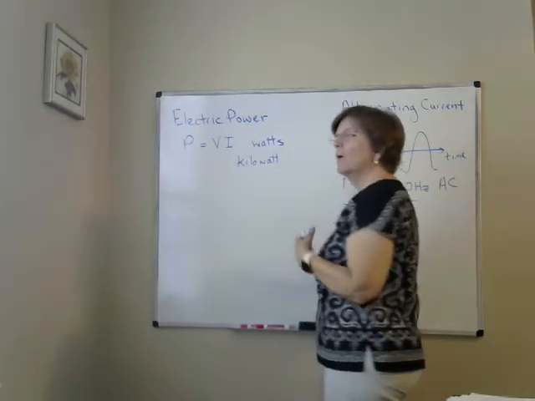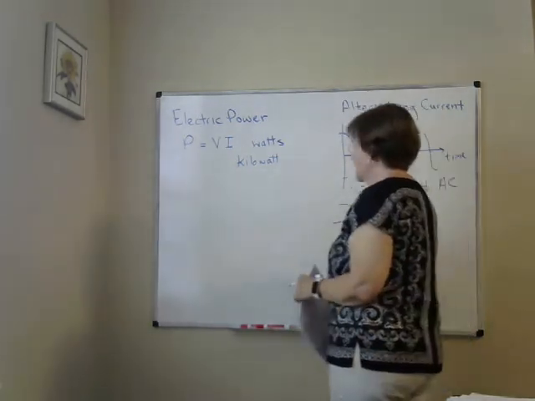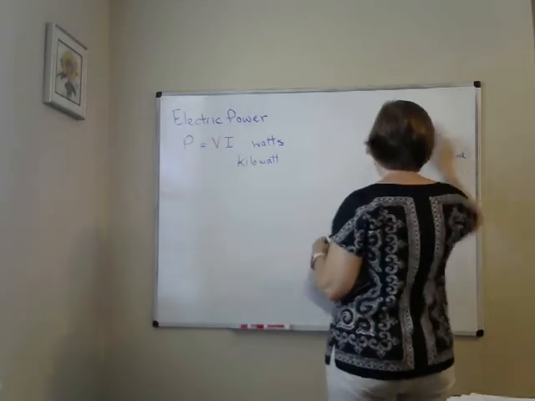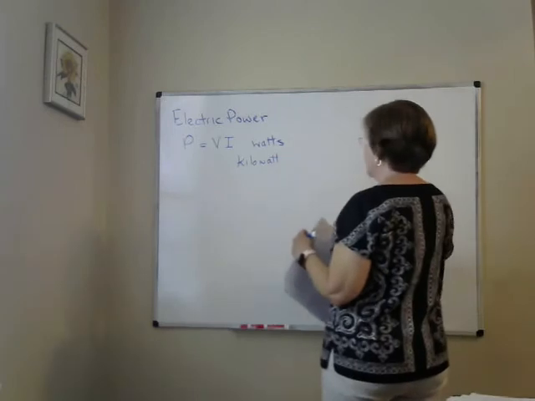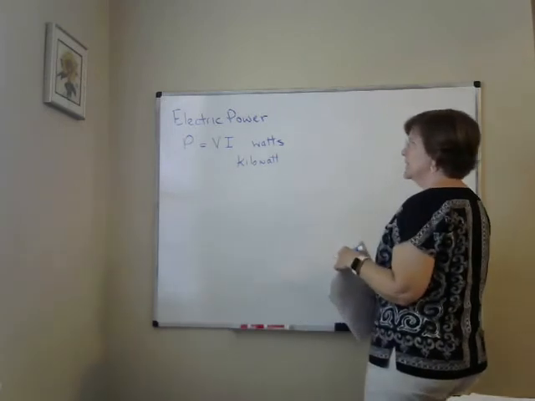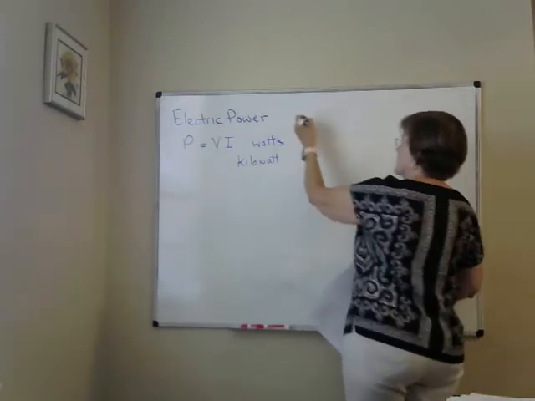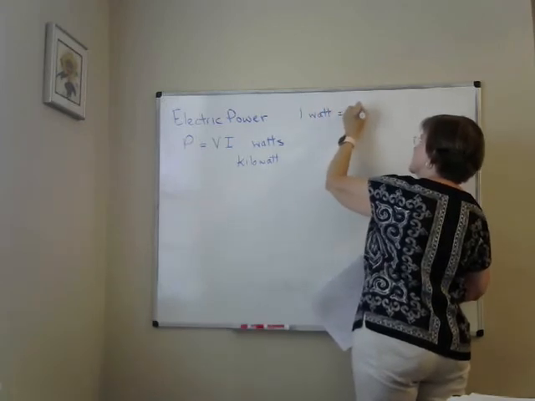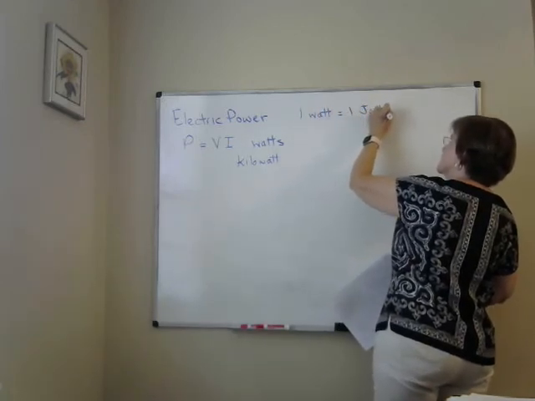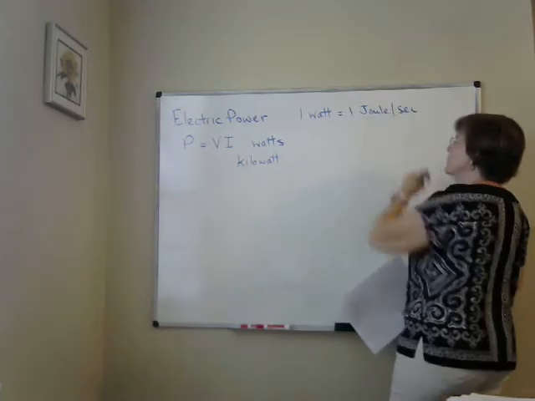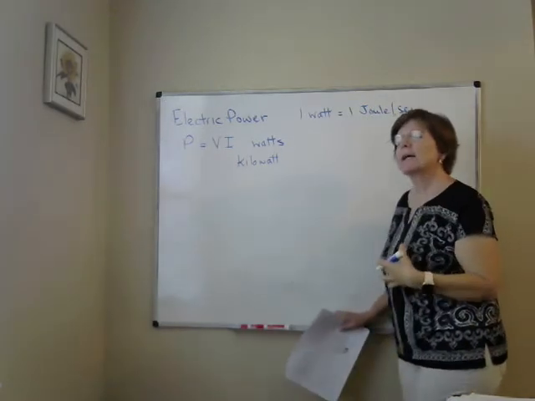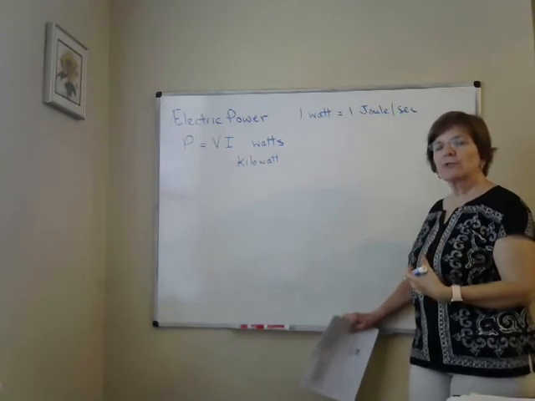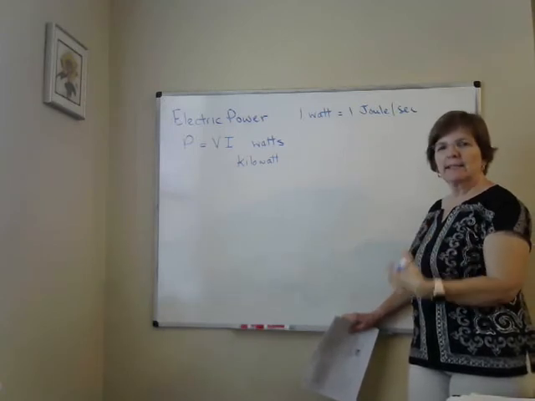That just means 1,000 watts. Now, if you remember from when we talked about power back in chapter, I believe it was chapter 7, a watt is a joule per second. So if you're using a 1600 watt blow dryer, it's using 1600 joules of energy every second.